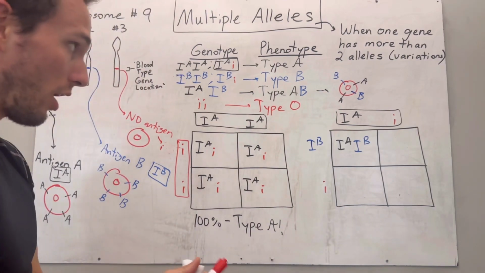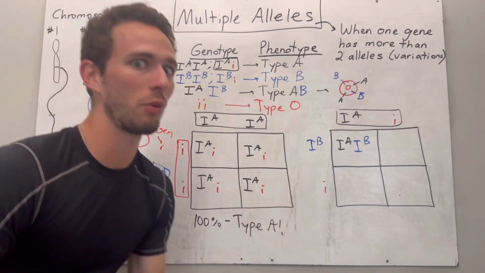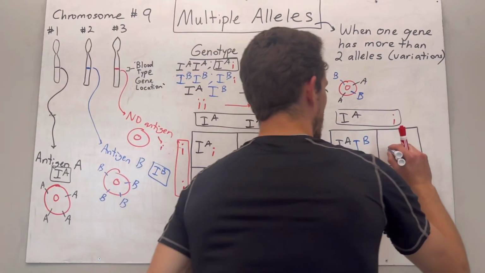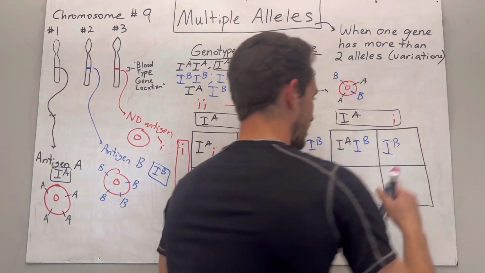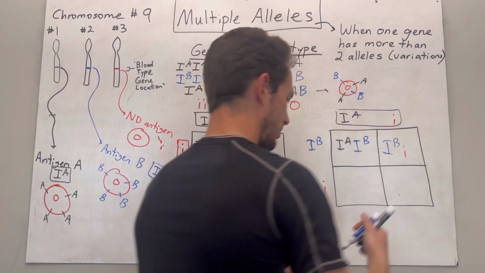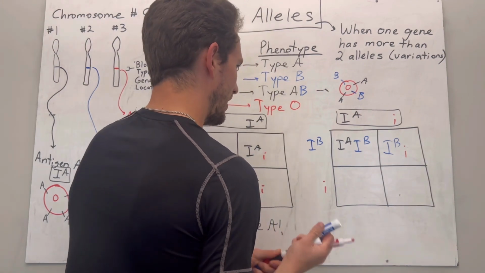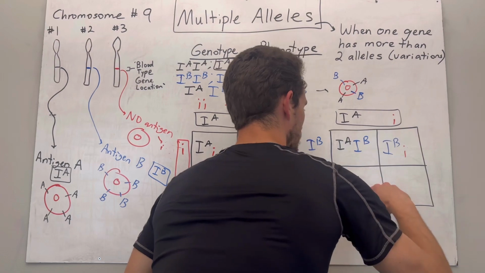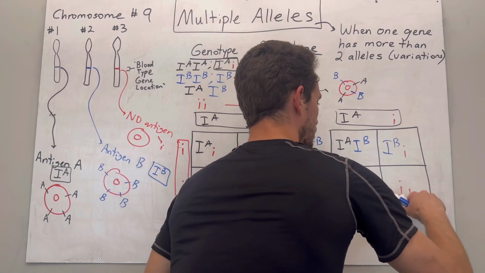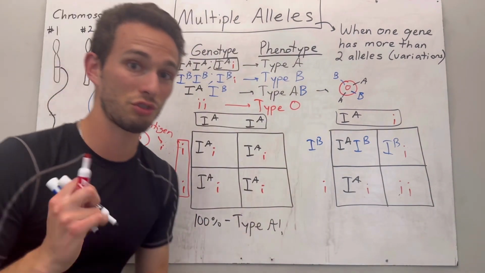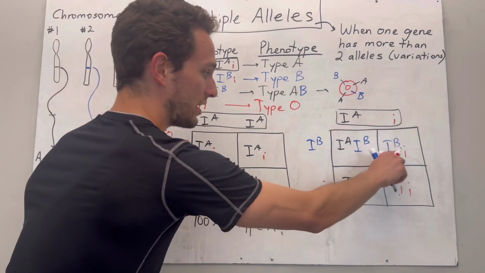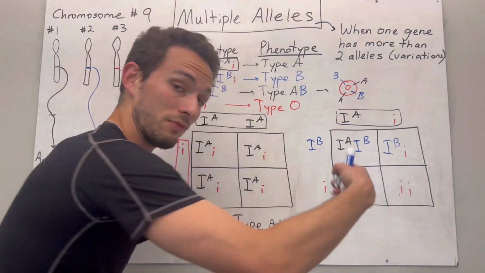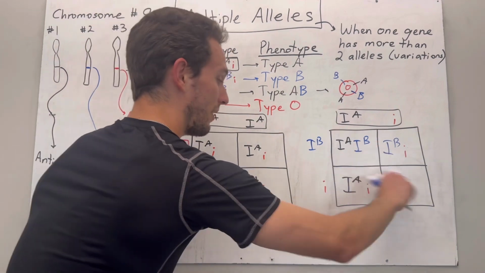As we continue on, what gets even cooler is we're going to show all of those genotypes. So check this out. We've got big I, big B, as well as a little i. We've got a big I, wait a second, big I, big A, as well as a little i. And then we've got two little i's. So if we look at this cross, we show up every single possible phenotype actually, but we all have different genotypes.